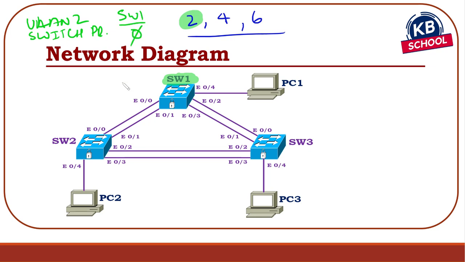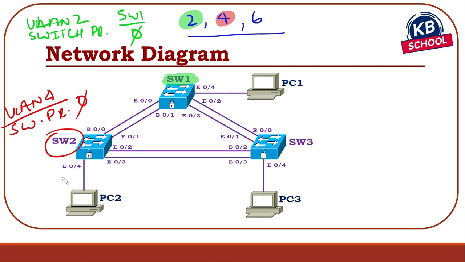The lower the better. Okay? But at the same time, for VLAN 4, I can go to switch 2 and say, I want you to have a switch priority for VLAN 4 as 0. So in that case, this guy will become the root switch for VLAN 4.